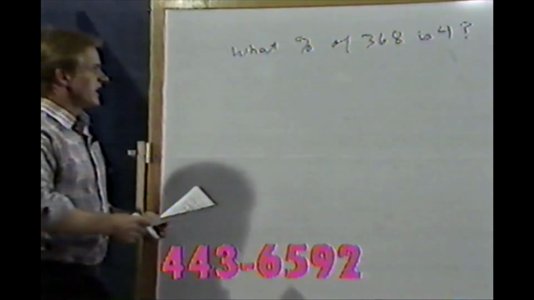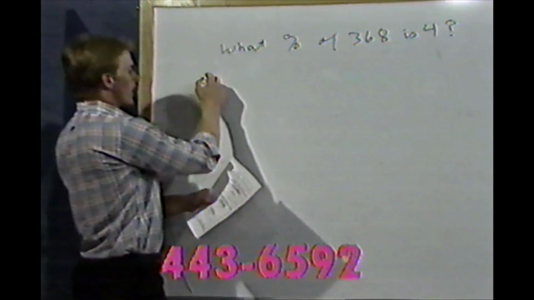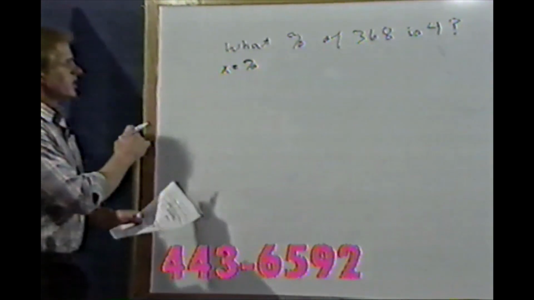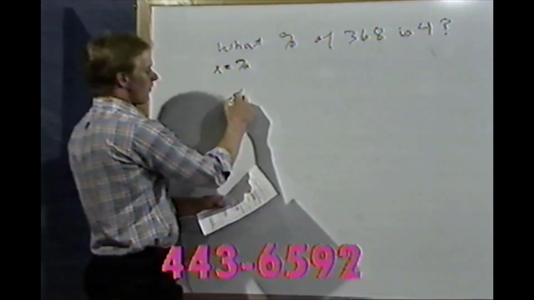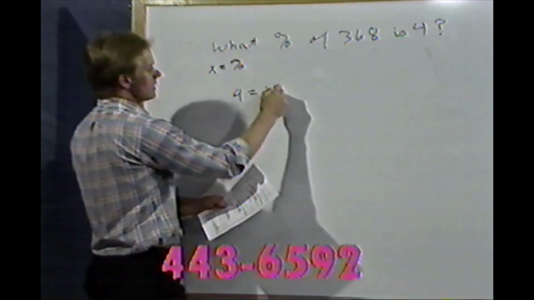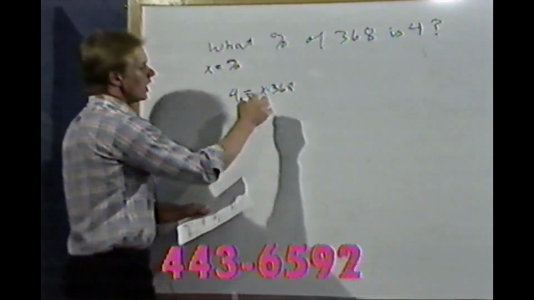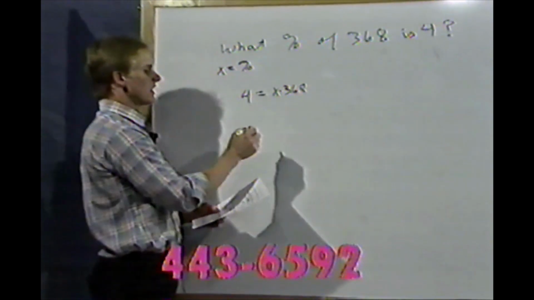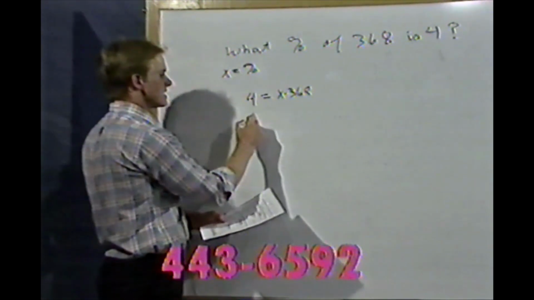To start this, reading the equation, you have to put in a variable. I'm going to substitute x equals the percentage. To do this, you say 4 equals what percent, which is x, times the 368. You're trying to solve for x, so therefore you need to isolate the x by dividing each side by 368.